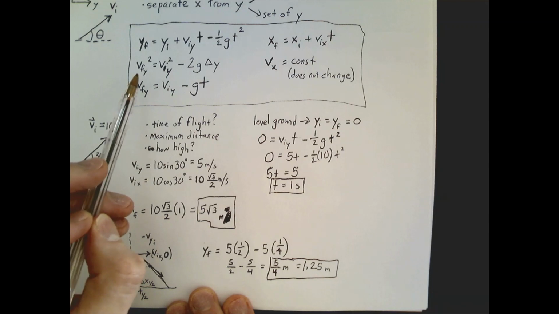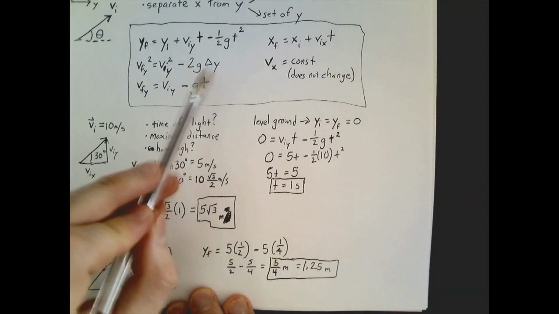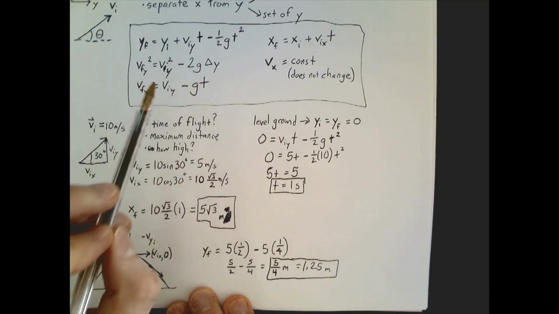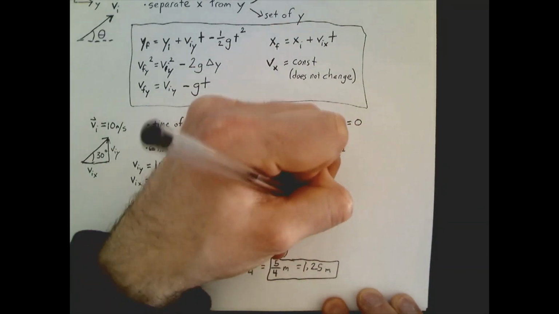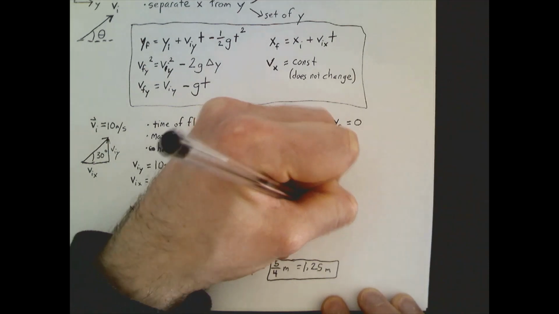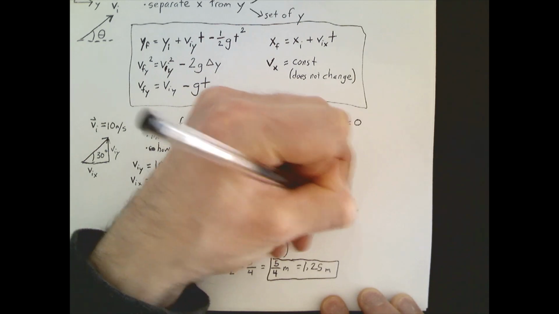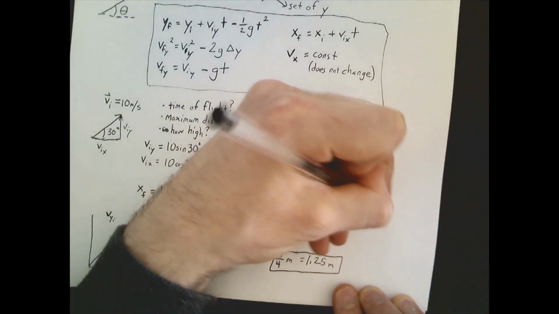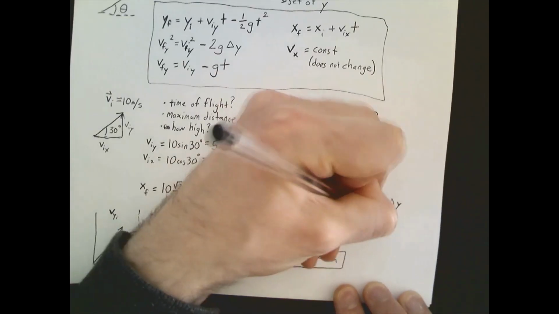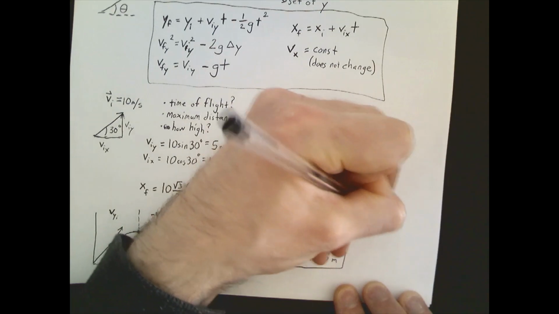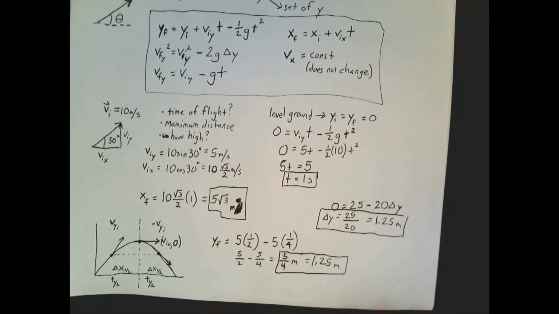At the top of the trajectory, this parameter becomes 0, and then we can solve for y directly with this simpler equation. So we'll get the same exact answer. V_fy is 0. We get 5 squared is 25, minus 2g is 20, delta y. When I do 25 over 20, I get exactly the 1.25 meters we got before. So there are lots of ways to do this, depending on which trick you use.